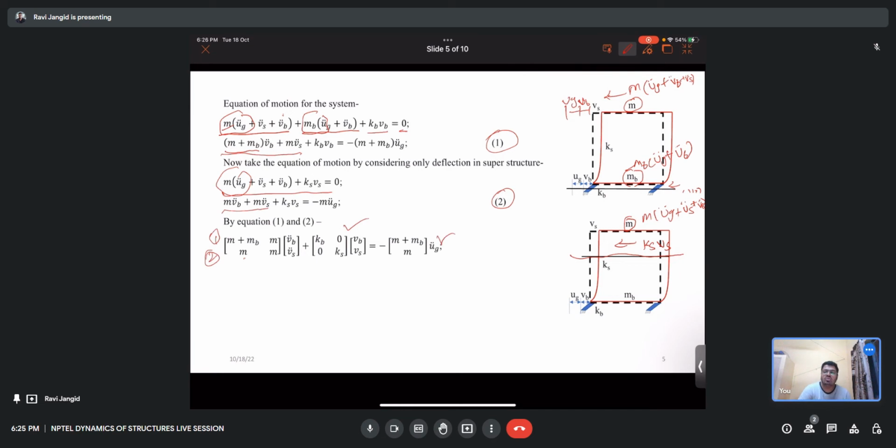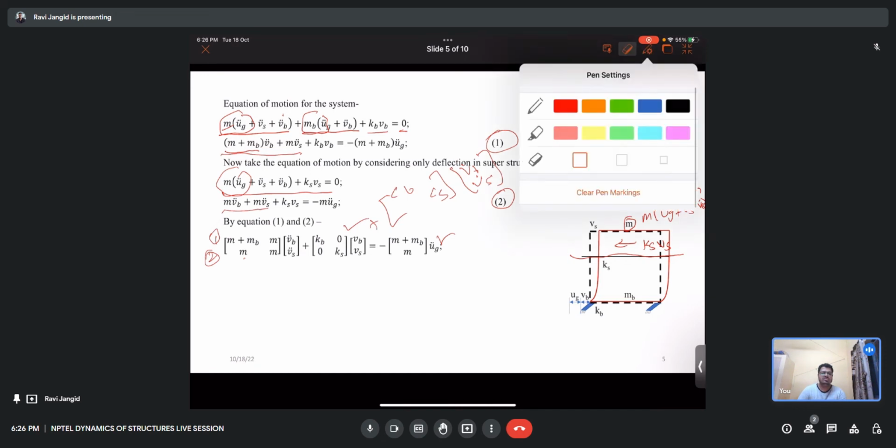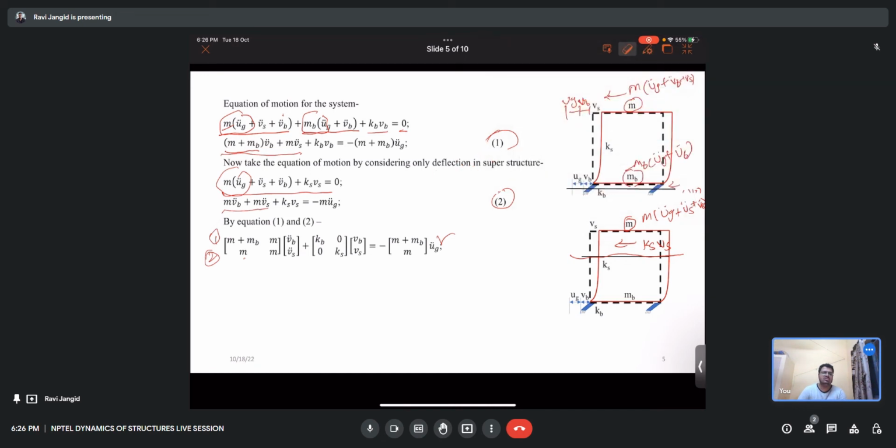Here we can also consider the damping term, but we are not using that here, because we are only focused on the modal frequencies. Otherwise you can add this matrix also, plus Cb, Cs times VB dot and Vs dot, not much different. So don't think about that in this case.